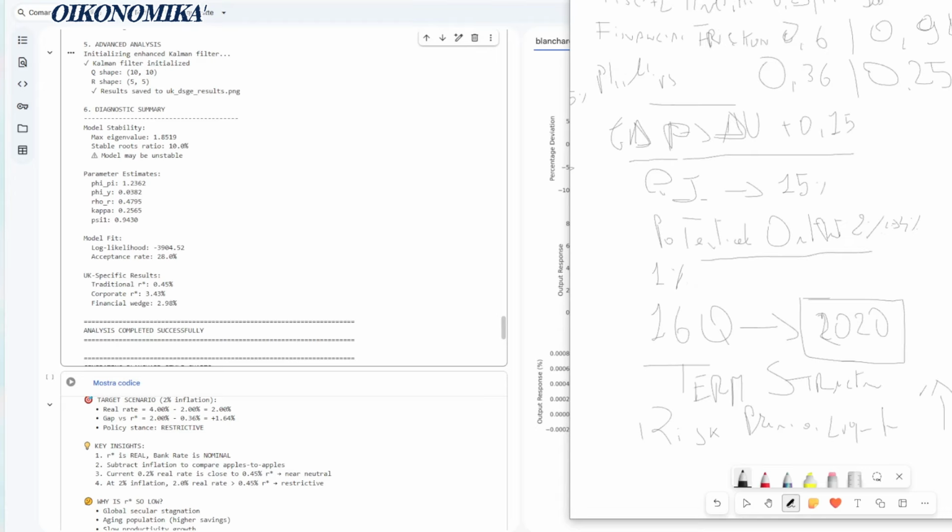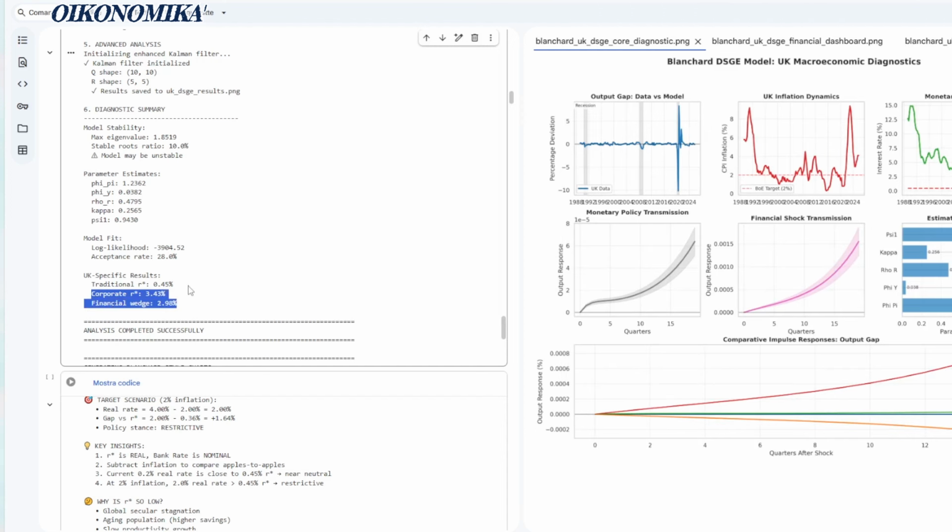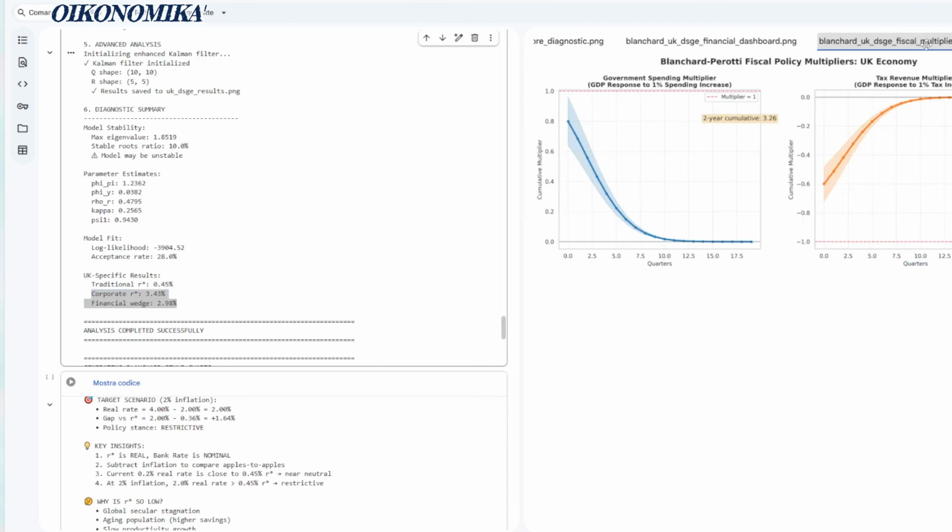So what do we have here? That the financial friction component and the financial wedge are a potential output constraining factor. So if the financial friction component is improved, the financial wedge here, then potential output can structurally go higher.